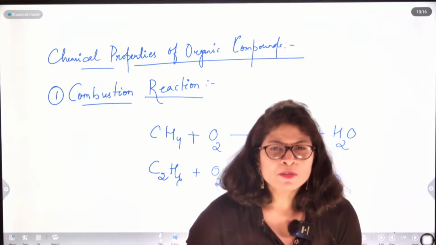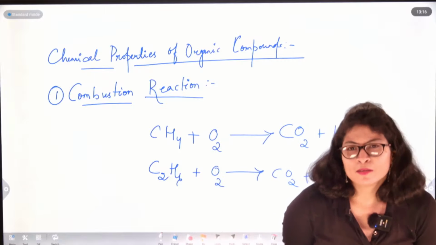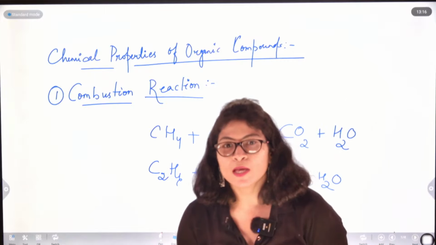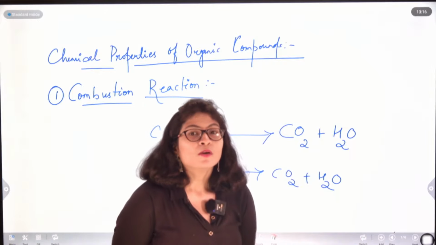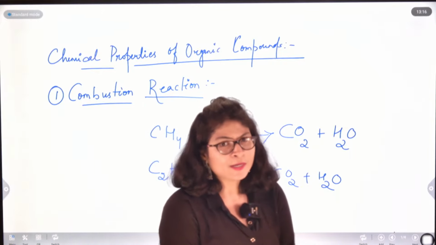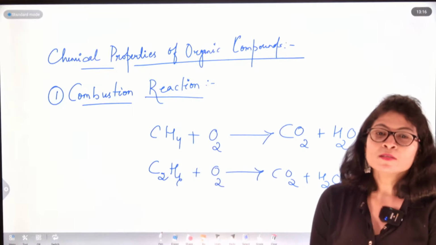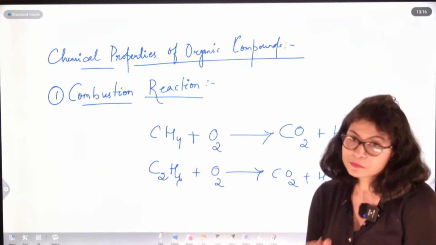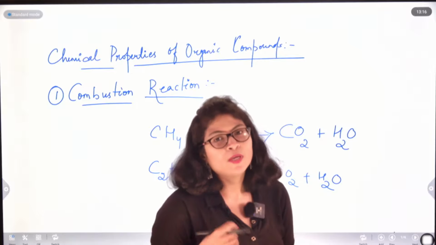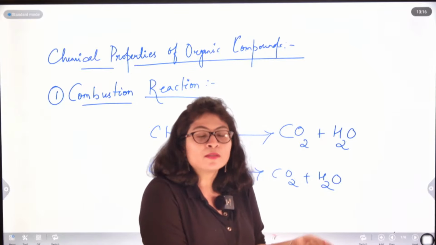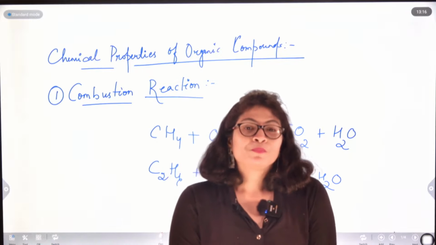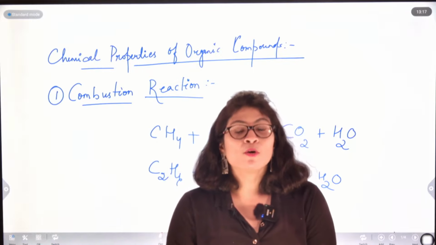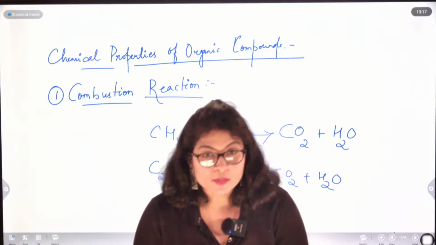We have also lighted diyas for Diwali, or the candles, which burn with a yellow flame. We are burning both the gas stove as well as the candles, but why is the color of the flame different? This is because of the presence of different organic compounds in them.